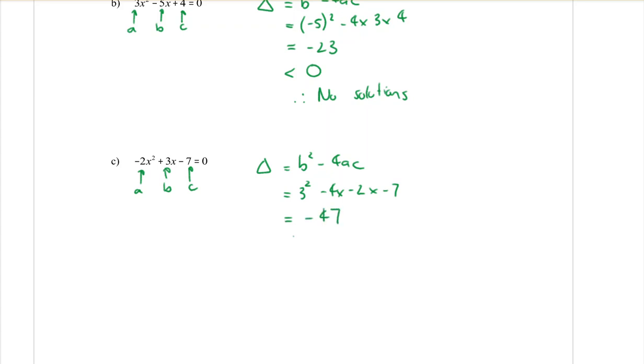So negative again, a little bit boring, would have been nice to have a 0 in there, wouldn't it? Negative again, which means no solutions again. And just remember, we didn't have one, but if it was to equal 0, it would be one solution.